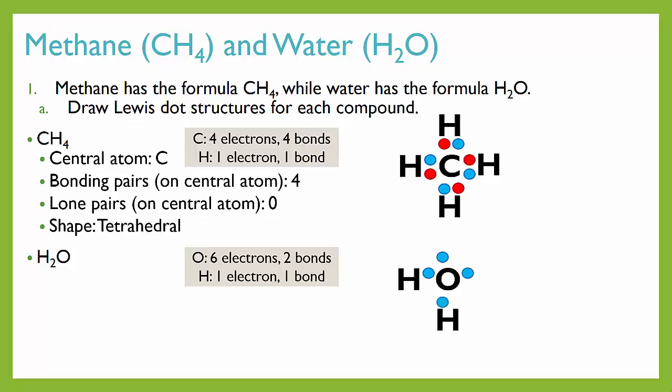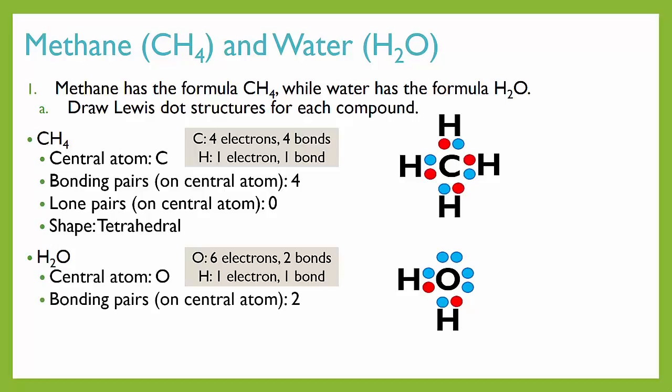So there's 1, 2, 3, 4, 5, and 6, going to be paired up, leaving those 2 unpaired electrons free to form a bond with hydrogen. Once again, if we count, we get an octet for oxygen and 2 electrons for each hydrogen, which is stable configurations all around.